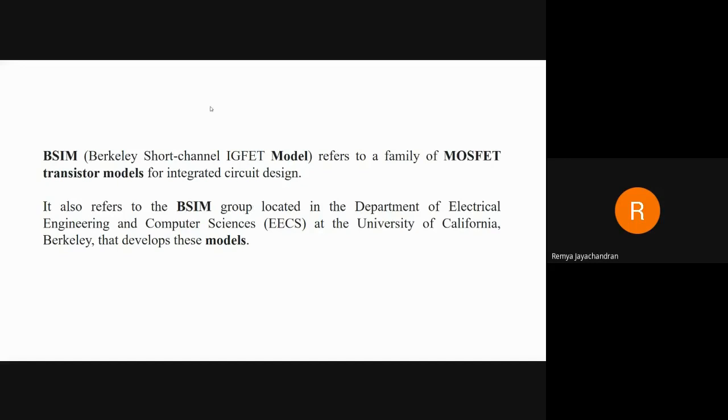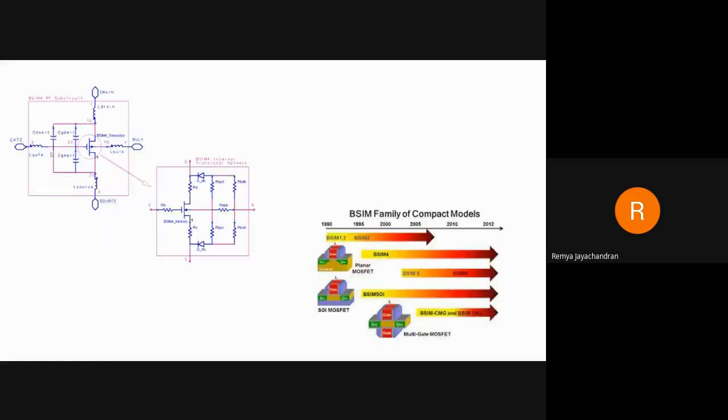So till now we have seen the back end of the design. And this is the BSIM model for a transistor. So we can use this model for our simulation. Now we have the SPICE model or the BSIM model with us, so we can go for the analog IC design.